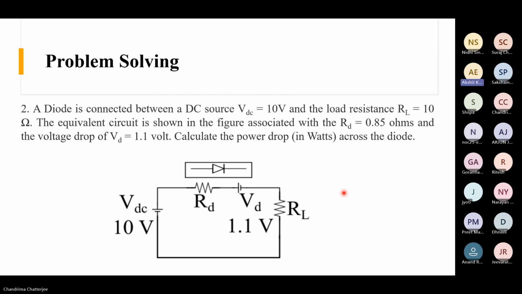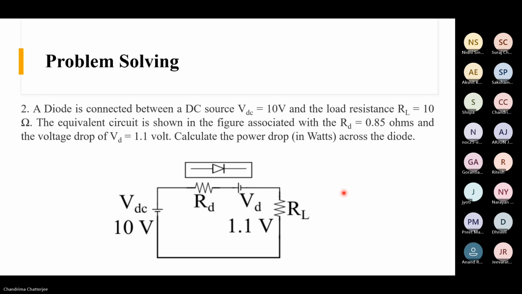First of all, we will write the given values. Yeah, that is okay. So then what we need to find? Power loss, obviously, but what is the first step to compute that?